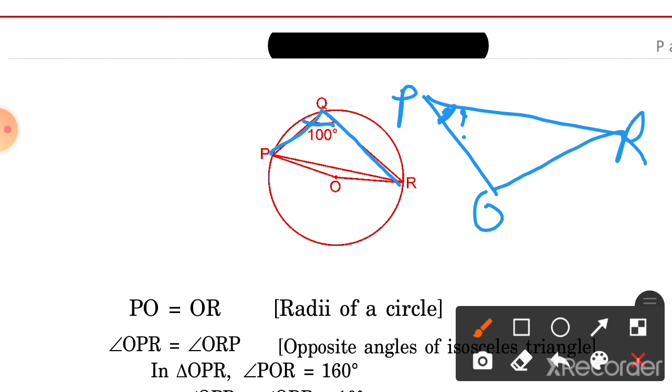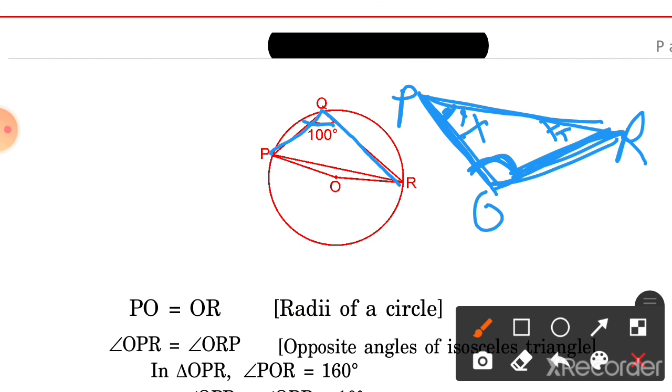Correct? So see students, OP and OR are the radii of a circle. Yes or no? So this triangle is isosceles. So this angle and this angle are the same. Correct? Yes or no? So suppose I assume that this angle is x. So this angle is also x. Okay. So we need to find this angle. Correct?